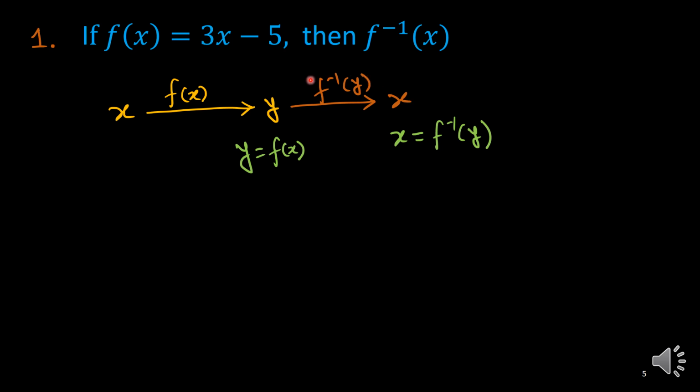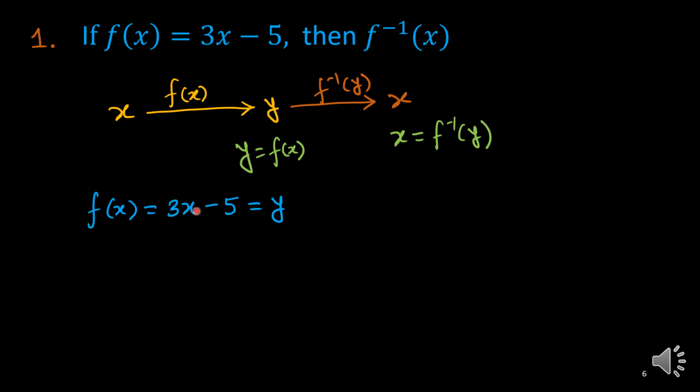So I can say f inverse y equals x. So this is y equals f of x, and here we are getting x equals f inverse y. This is the relation: y equals f of x, and if I take inverse, this x will become f inverse of y.